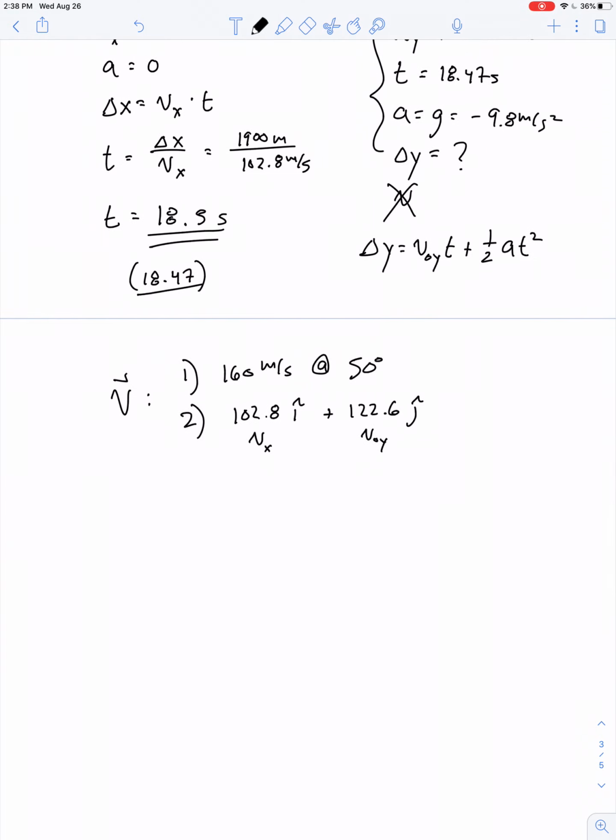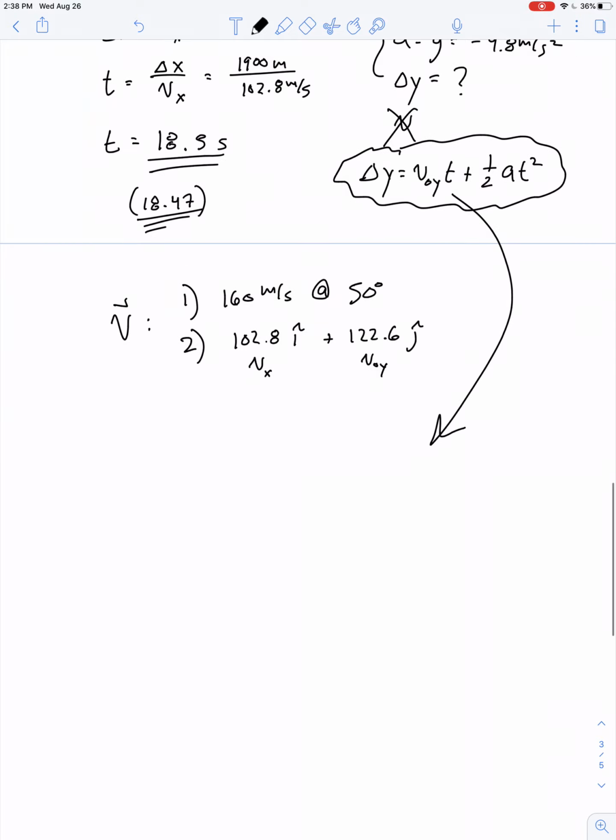If I hadn't already found the time of flight, could I still solve this problem in one step? Let's see. This would give us delta y equals v naught y, which is the same thing as v sine theta.